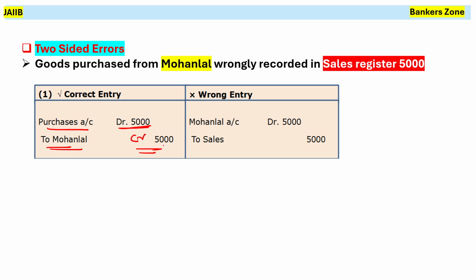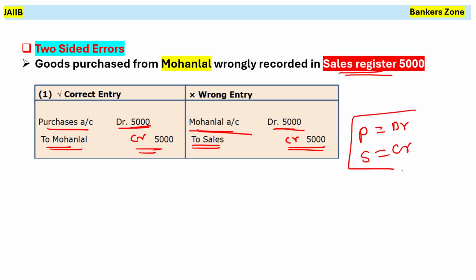But what have they done wrongly? Instead of purchase, they have entered it into sales, right? So they have debited Mohanlal's account, and an entry in sales means credit. So they have credited sales by 5,000 and debited Mohanlal's account. This is the wrong entry. Always remember, whenever there is a purchase, it must be debited. Whenever there is a sale, it must be credited.